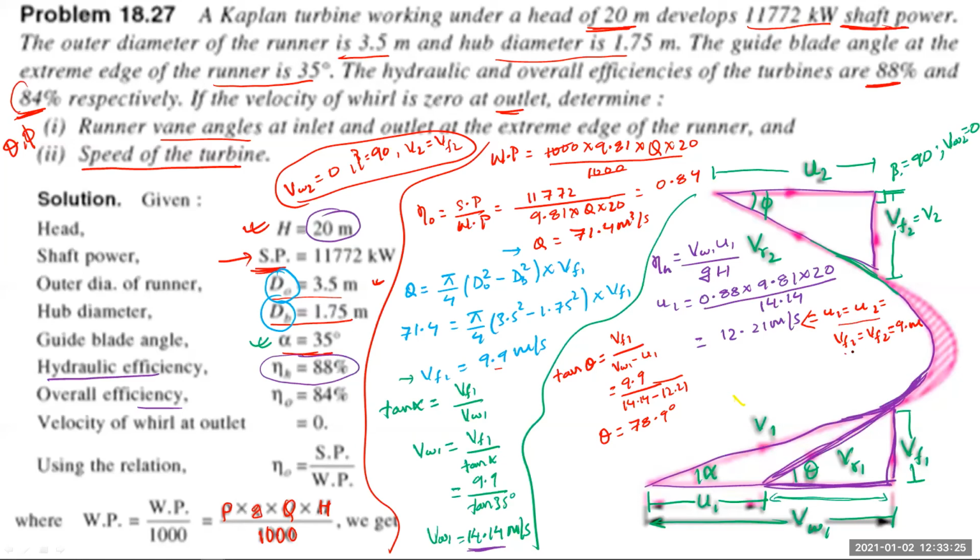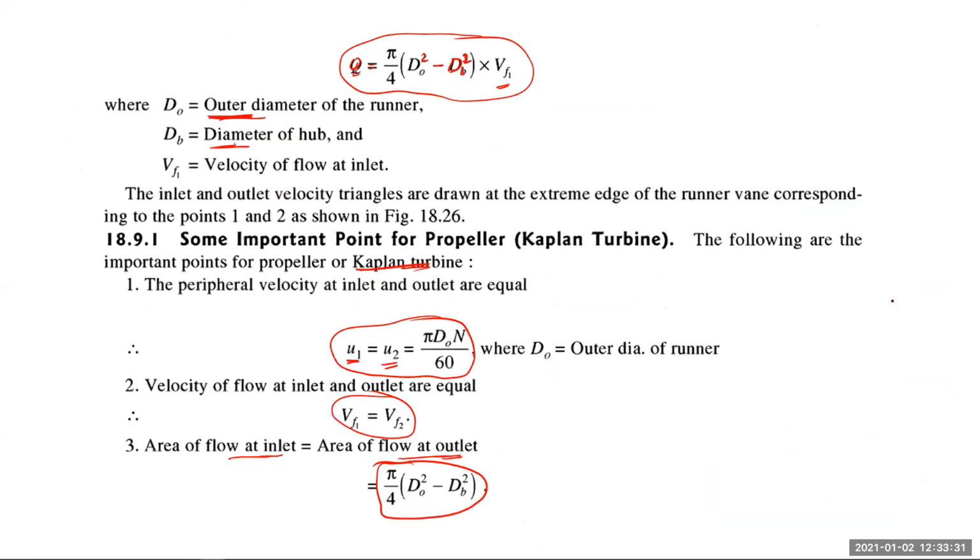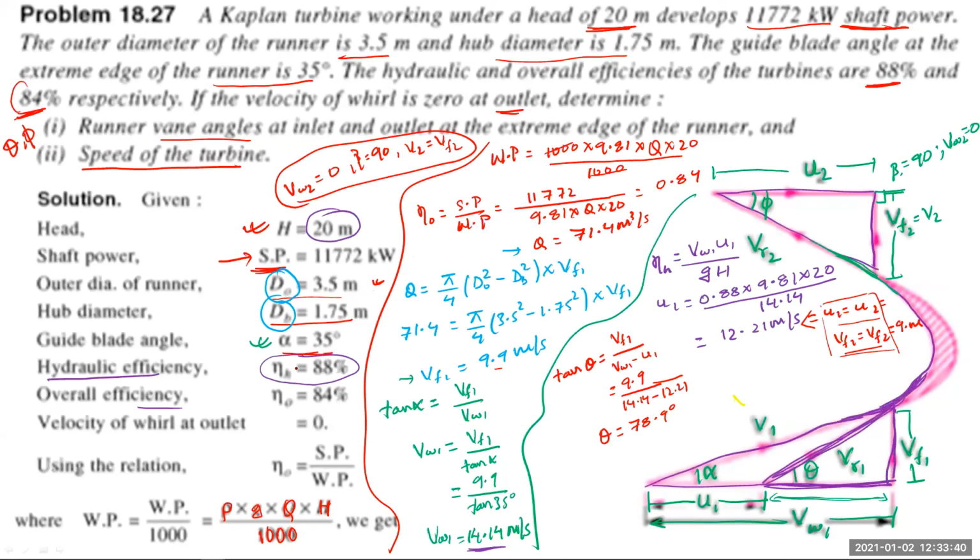This is the condition for the Kaplan turbine we have seen in the previous slide. Okay, so based on that, we can calculate in the outlet triangle.